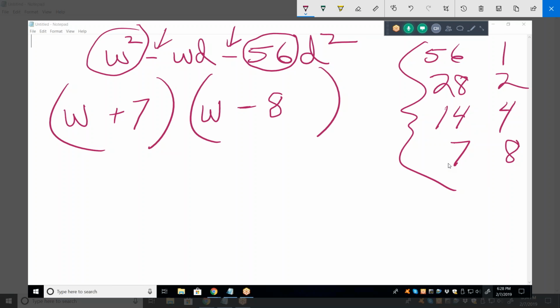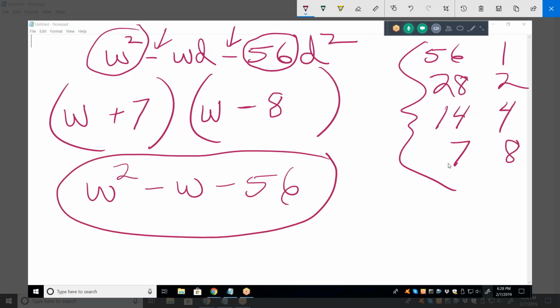Now, notice that if I were to multiply just that, I would get w squared minus w minus 56. That would be my quadratic. Well, they've added a second variable here. So what if I just add that second variable right there like that?